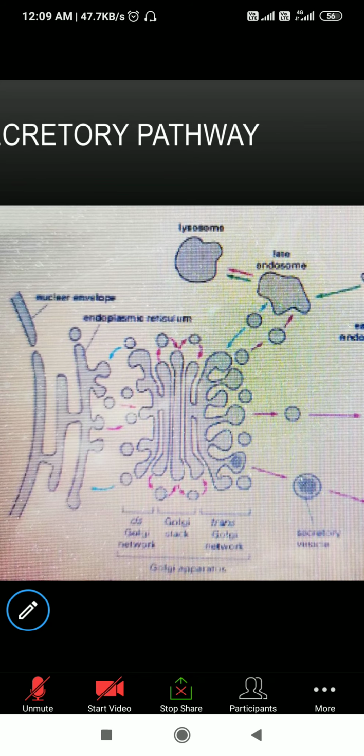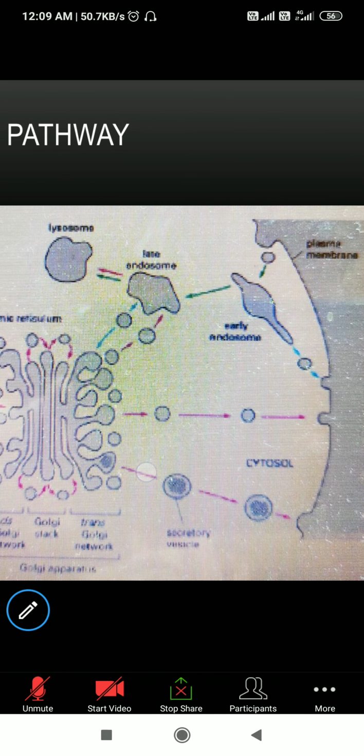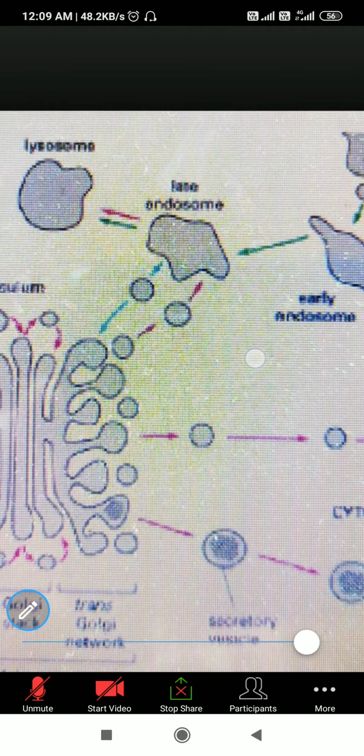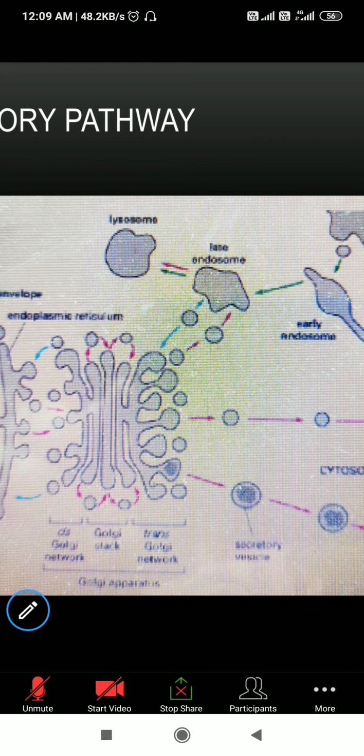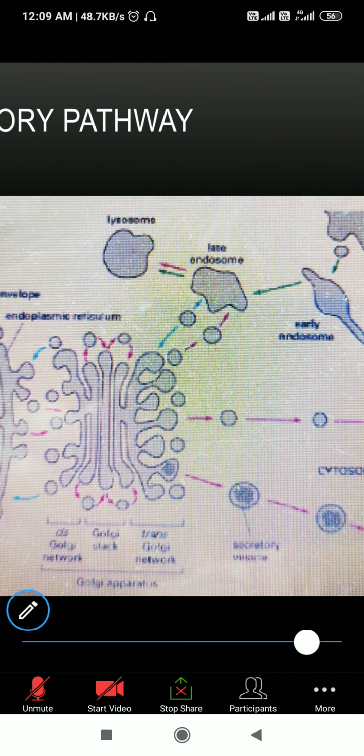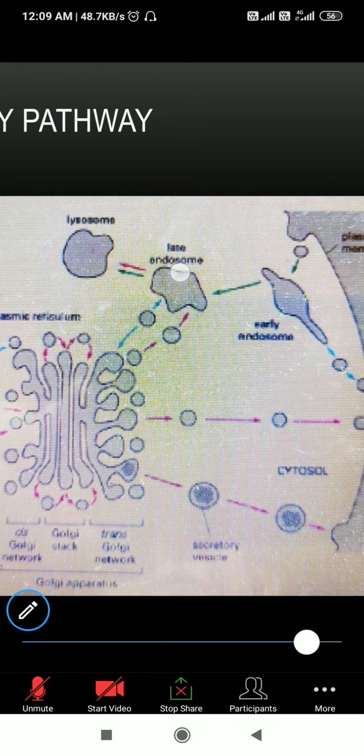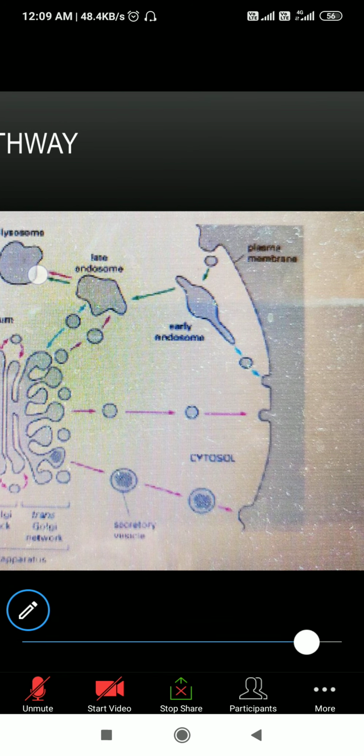Many steps are involved in the Secretory Pathway, which involves vesicular transport between different compartments. From the Golgi bodies, as you can see here, the vesicles either move to join with the late endosomes, and from late endosomes they form the lysosomes.